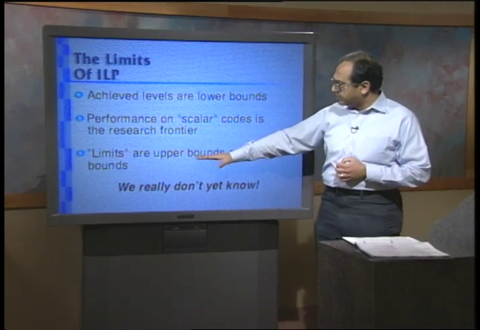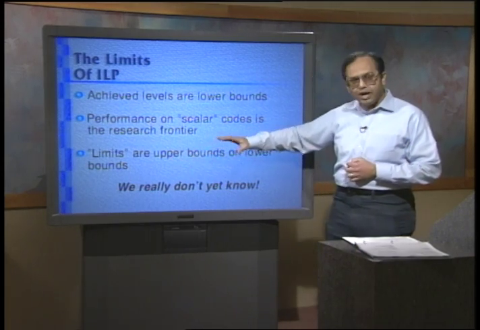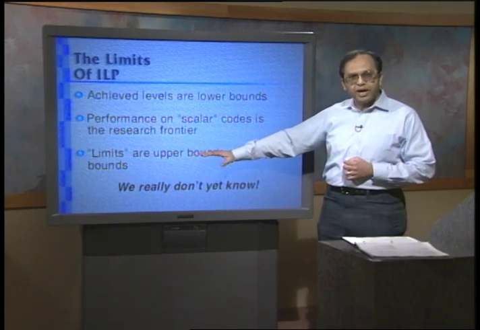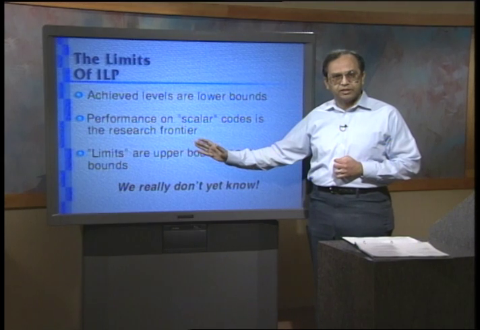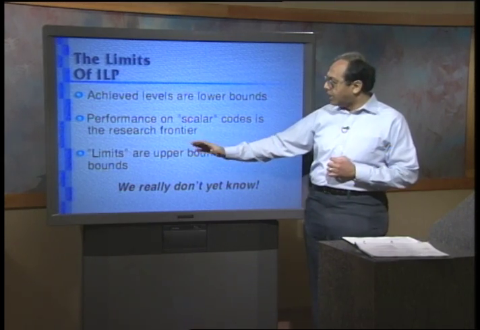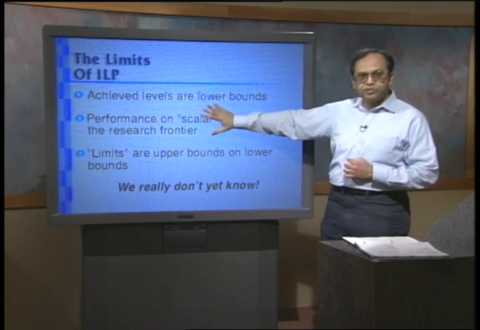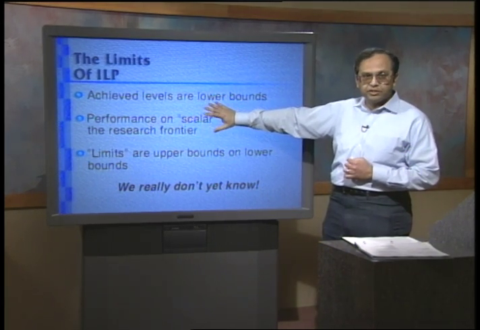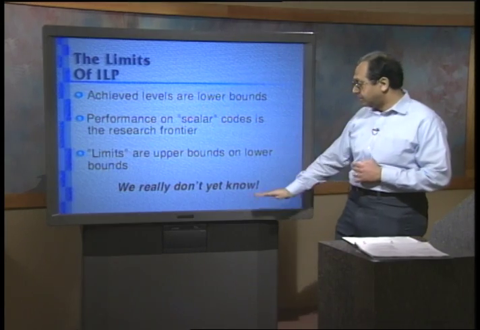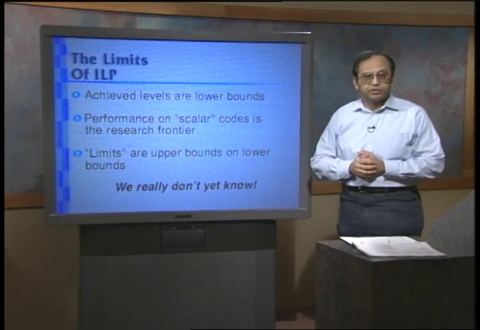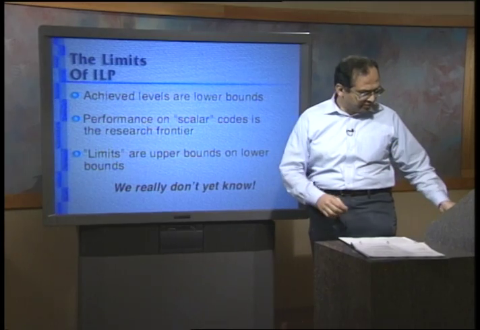So the net effect is that these so-called limits are really upper bounds on lower bounds, and as such, they really mean very little. What we need to understand is, once we have done this research, once we have developed the technology that needs to be developed, how much will there be? And to be quite honest, we just don't know today. It's too early to tell.